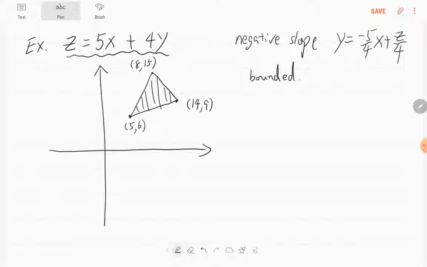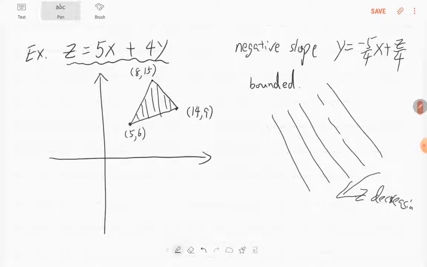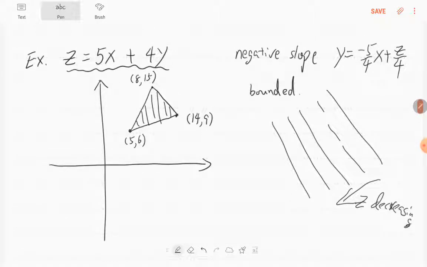So the slope is negative 5 over 4, so it will go in this direction, and it will go down if z is decreasing.